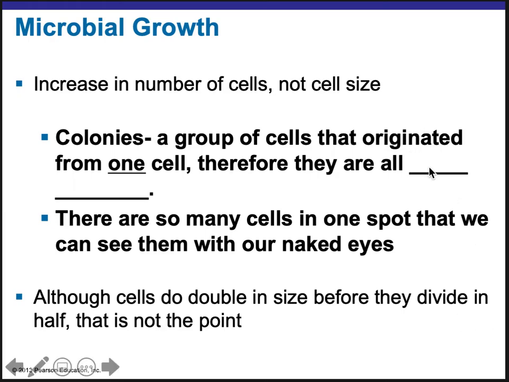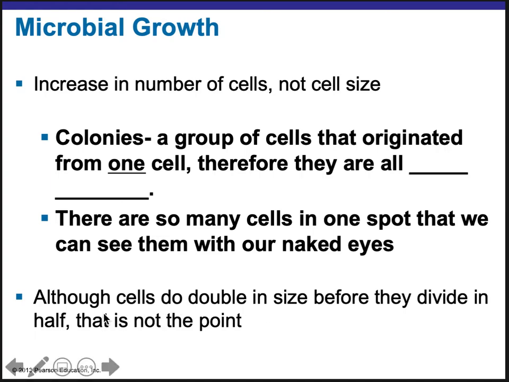So in these blanks here, I want you to put genetically identical. Okay. And I underlined one cell so that you remember that one colony originated from one cell, and they are all genetically identical. Okay, there are so many cells in one spot that you can actually see them with your naked eye. Remember, normally to be able to tell if a microorganism is present or not, you would need to look under the microscope. A colony is looking at a mass of so many cells in one spot that you can see it with your naked eye.